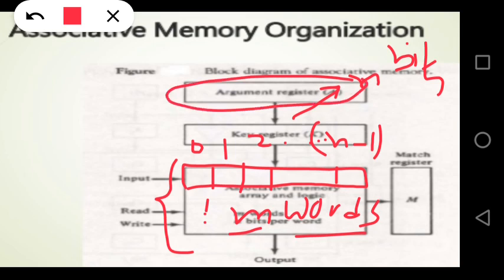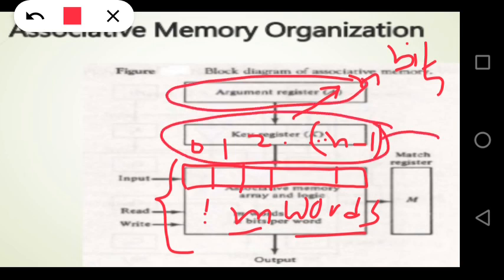So the argument register and the key register are the two special types of registers, and the match register is like a group of flip-flops. If a particular memory word contains the data in the key register, then the match register is set to 1. If it doesn't match, then it is set to 0.